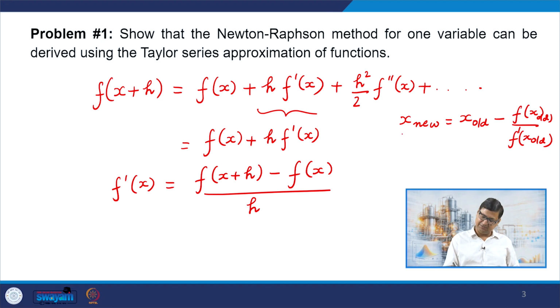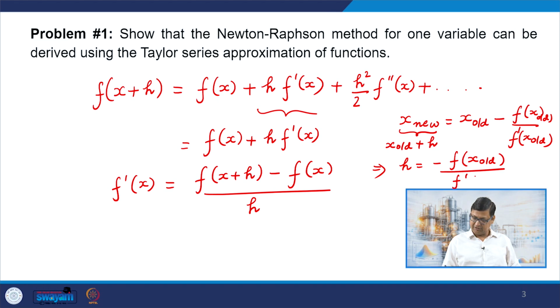So, if I set it as x old plus h, then the Newton Raphson method gives me h equal to minus f of x old by f prime of x old.